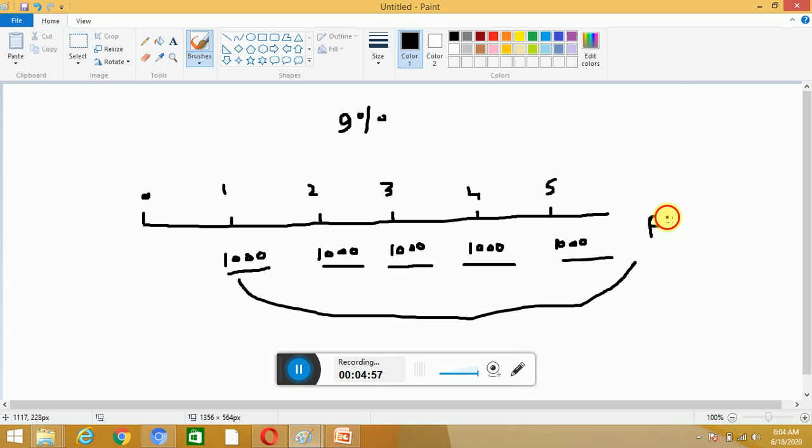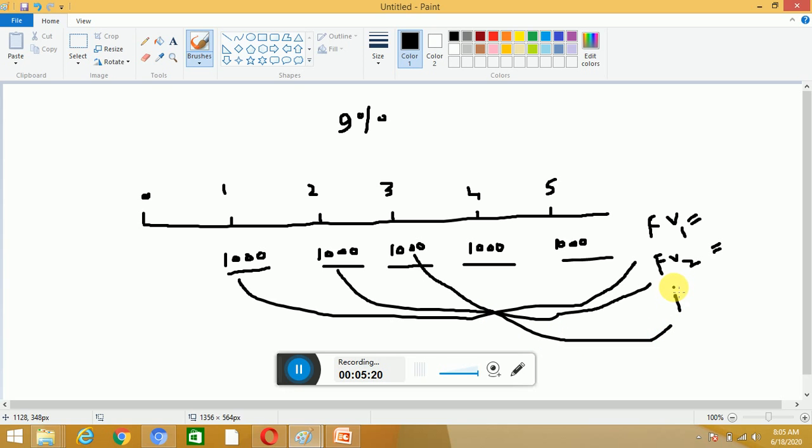Here we call it future value 1. This value, we will calculate its future value, so it will be future value 2. Then for this we call it future value 3. For this we will calculate future value, so it will be future value 4.